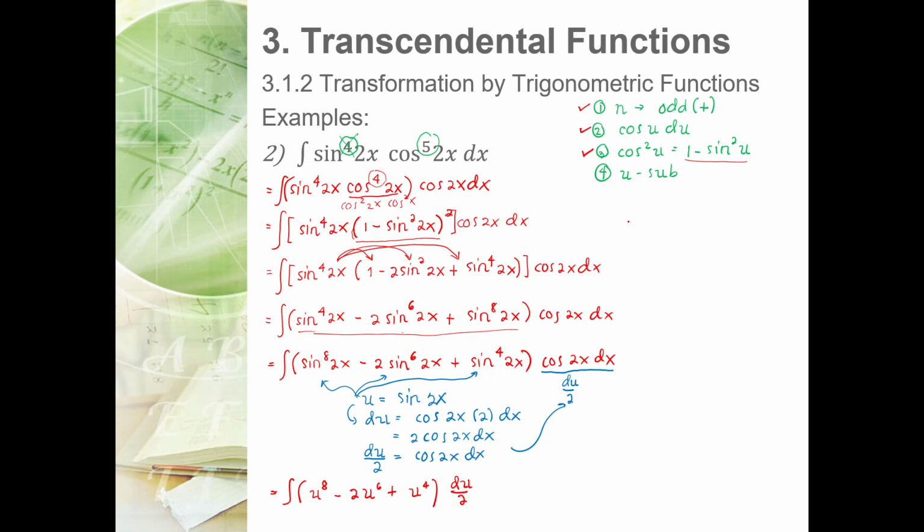Simplifying further, factoring out 1/2, so 1/2 times the integral of u to the 8 minus 2u to the 6 plus u to the 4th du.